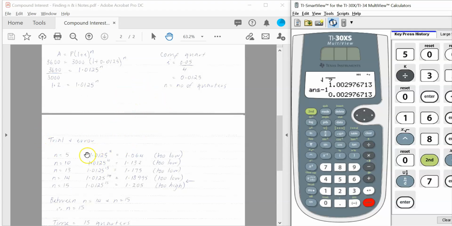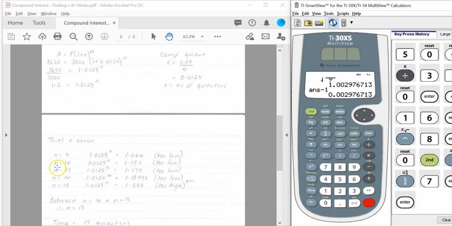Okay, using our trial and error, I usually start with 5. That's where I usually start, and then figure out if I need to go higher or lower. I'm then substituting in the value of 5, 1.0125 to the power of 5, and I get an answer of 1.064. Remember, the answer I'm looking for is 1.2. So that value there is too low.